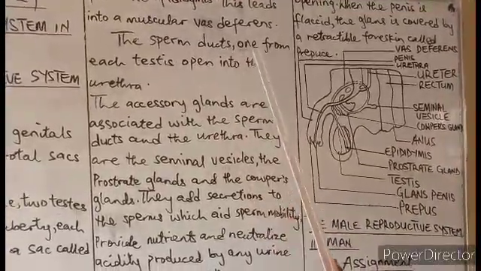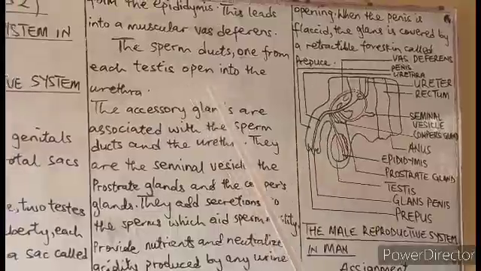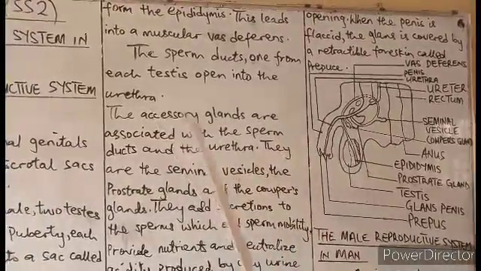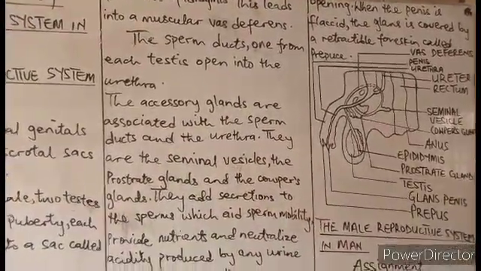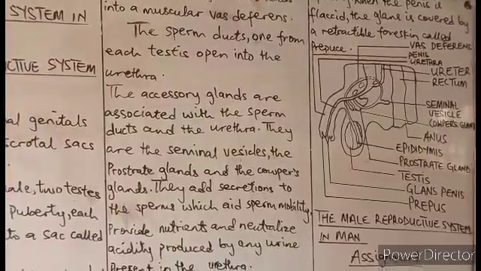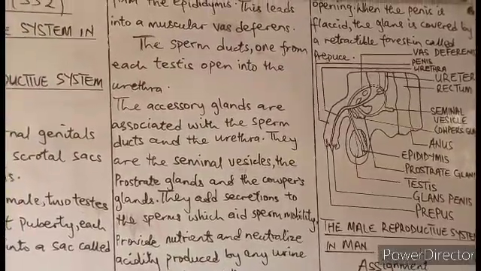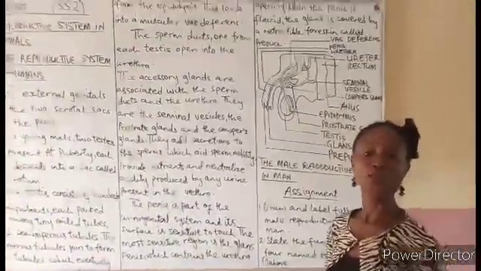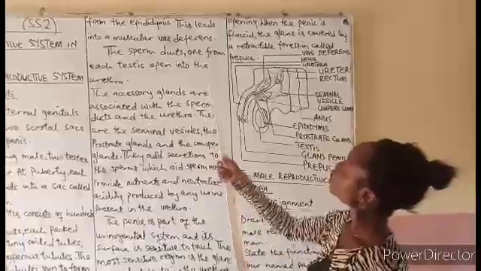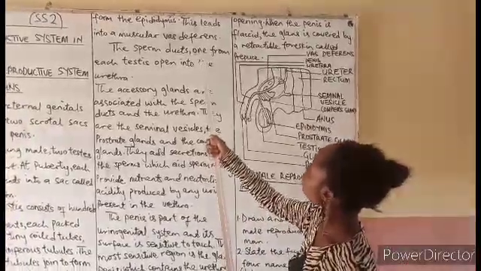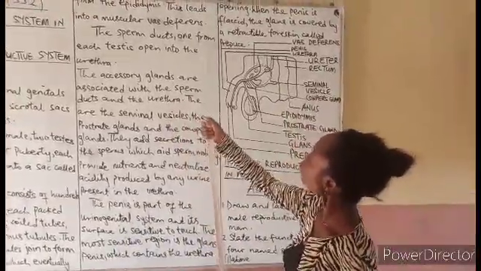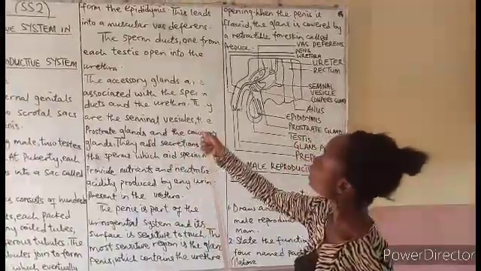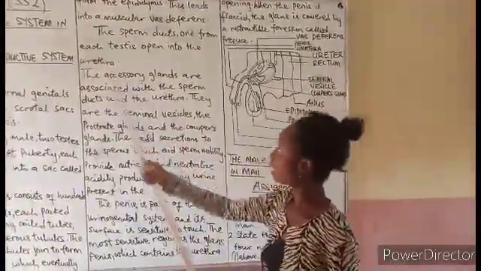The sperm ducts, one from each testis, open into the urethra. This urethra is a canal, or a tube, that conveys urine and sperm to the exterior.